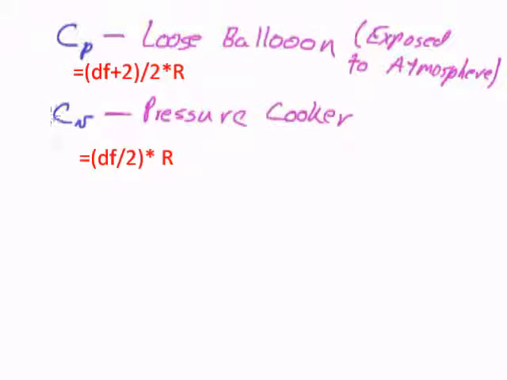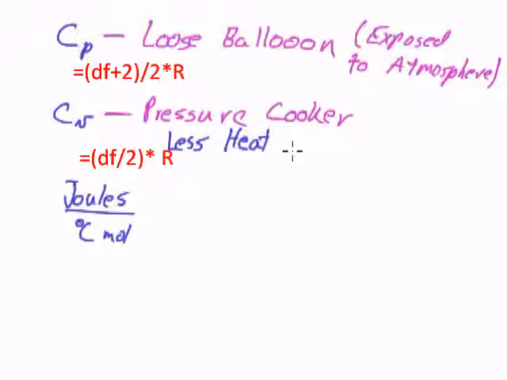Remember, C is measured in joules per degree Celsius per mole. And the idea of using a pressure cooker is you want to make it easier to heat something, so it takes less heat to raise temperature.